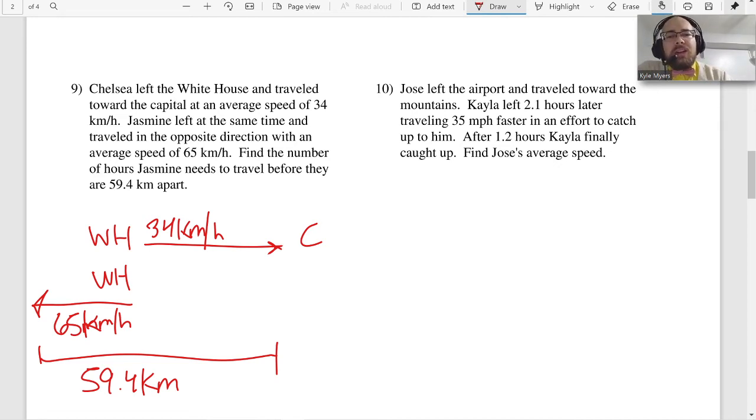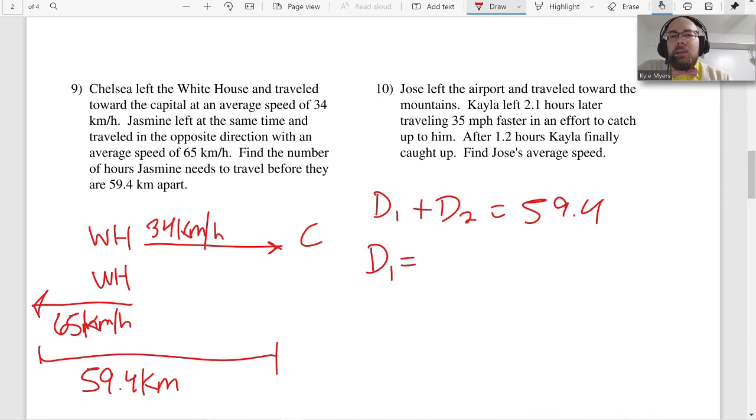But on this one, we actually wouldn't, because we would want distance 1, Chelsea's distance, plus distance 2, Jasmine's distance, and those need to add up to 59.4. So this is different. We're going to add them up to 59.4 instead of setting them equal. We're still going to use the equations, but instead of setting them equal, we're going to add them up.